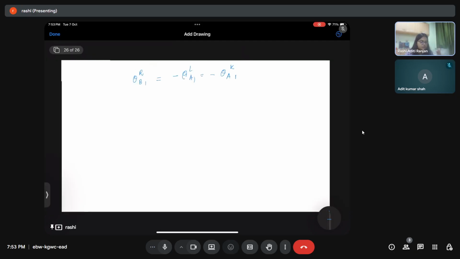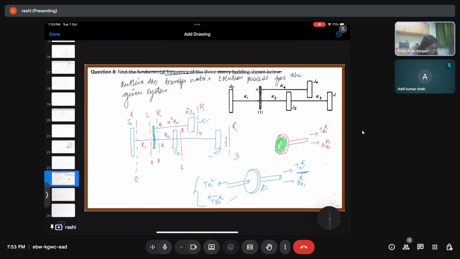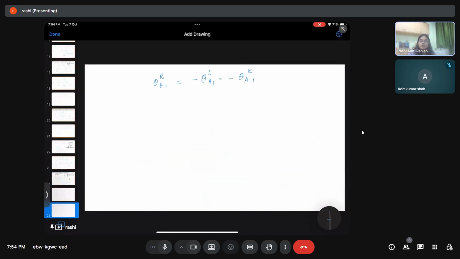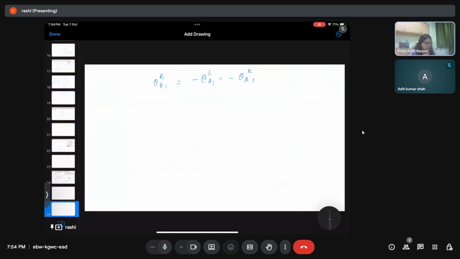So firstly, theta B right hand side, which is over here. If you look closely, it is equal to minus of theta L A of 1. This over here will be equal to it with the minus sign. And it is also equal to theta, this should be R, A of 1 with a minus sign, right?